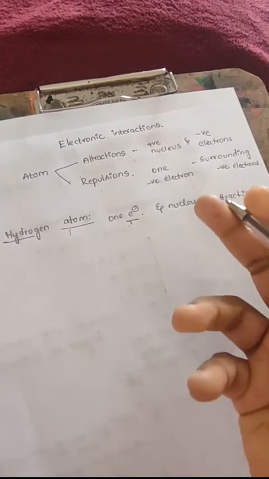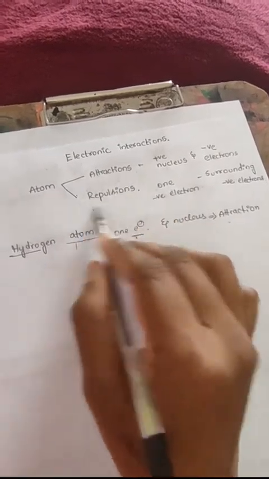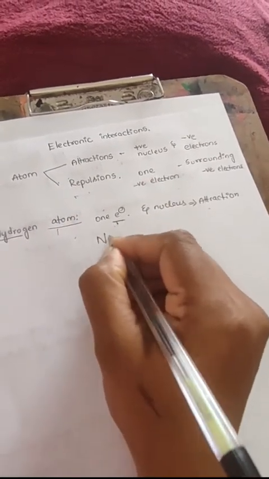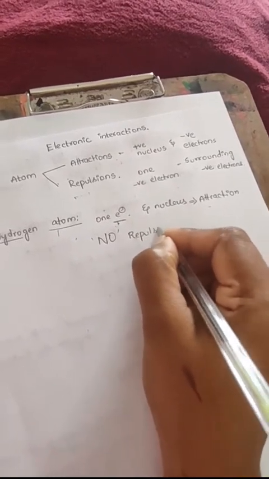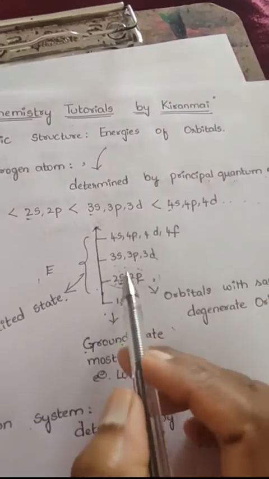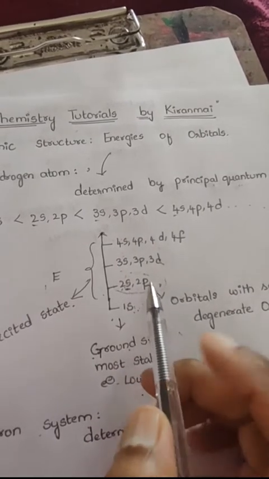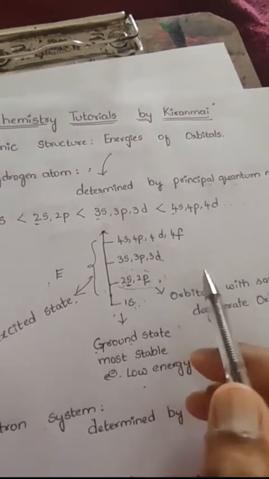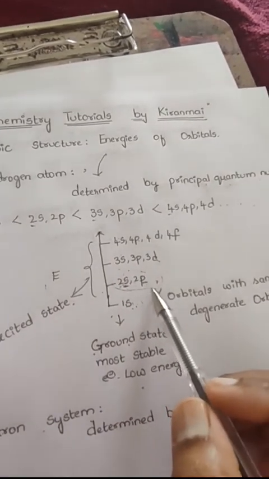There is no other electron to repel. So in hydrogen atom, there are no repulsions. Due to this, when one shell is considered as 2 orbitals, 2s and 2p orbitals will have only 1 electron, so there is no repulsion.